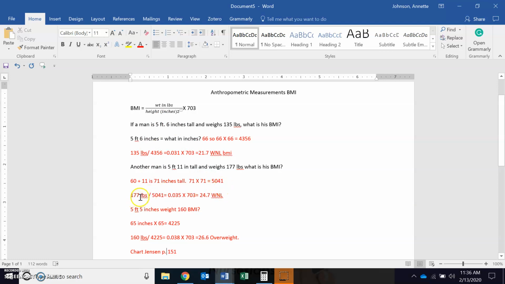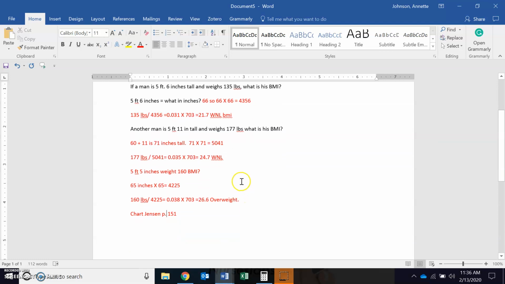Then you take his pounds, 177, and put that in the calculator first, then the divided by sign, 5,041, and that equals 0.0349, so I just said 0.035. Multiply that by 703 and you get 24.7, a within normal limits BMI.